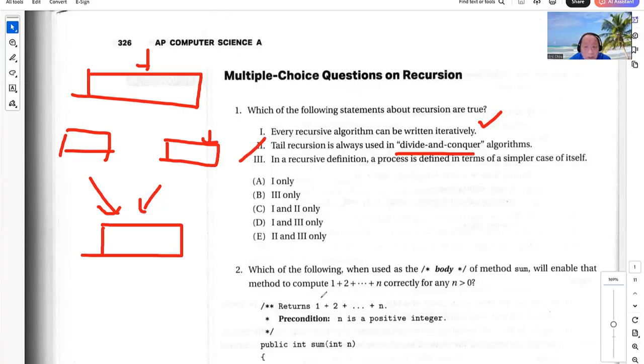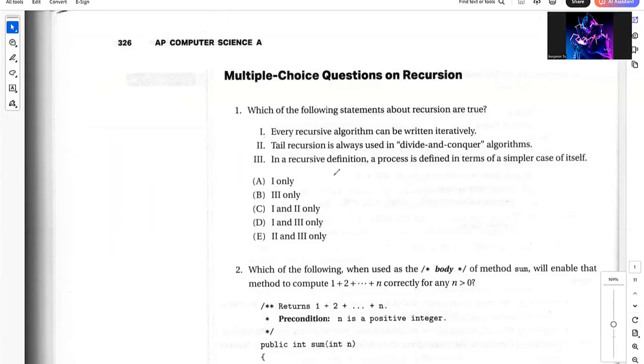So this one is wrong, right? Yeah. You have a combine, and that's not tail recursion. And then number three, it's true. It's basically the fundamental principle, I guess. A process is defined in terms of a simpler case of itself. That is basically what recursion is. So one and three. Okay.